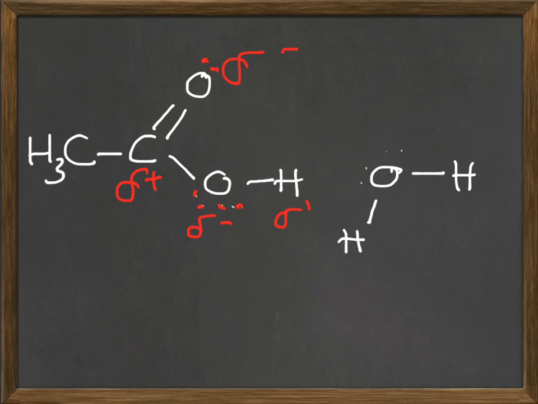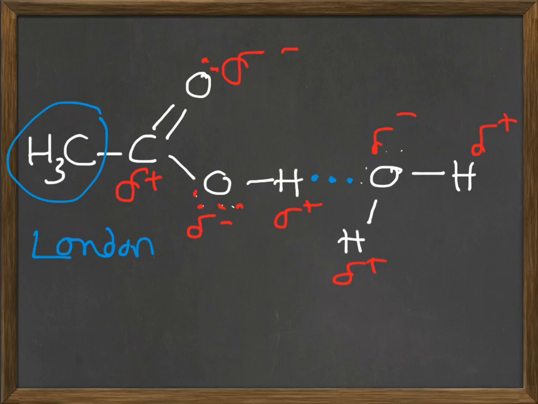And we've got the delta plus and the delta negative on the carbonyl group, and a big delta negative on the oxygen and a delta plus on the hydrogen. Water can form a hydrogen bond, a strong hydrogen bond with that OH group on the carboxylic acid group. So you can draw a hydrogen bond there. You can also get hydrogen bonds between the carbonyl group and a neighbouring water.